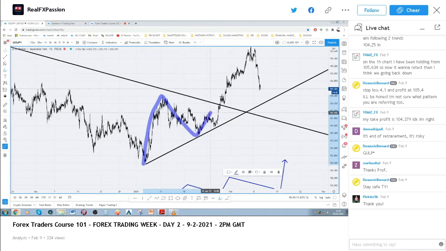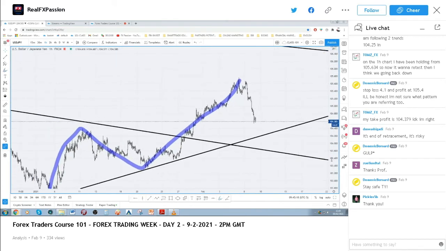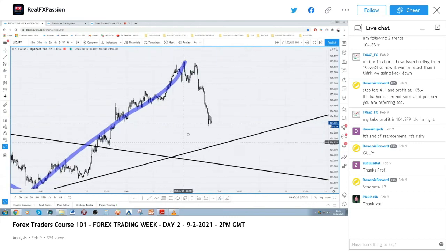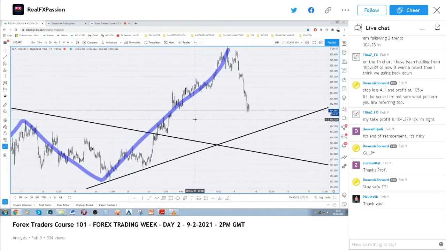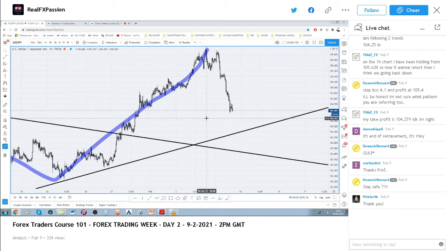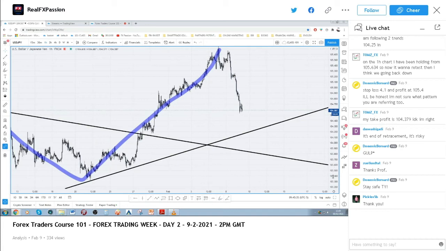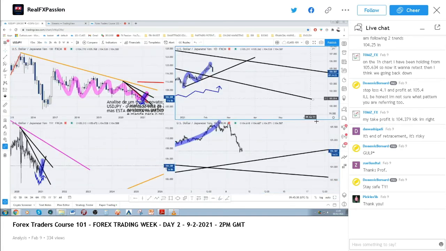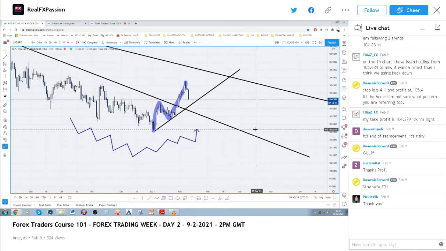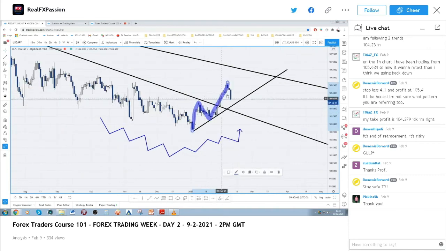Extension, retracement, extension. 1 hour chart, everybody. Long or short. Question number 2, what pattern? Well, as you can see, everybody, the market's making lower lows, lower highs on the 1 hour chart. But is it lower lows, lower highs on the daily chart?